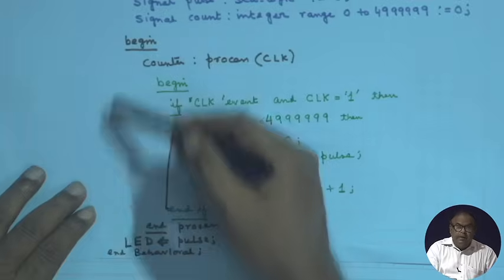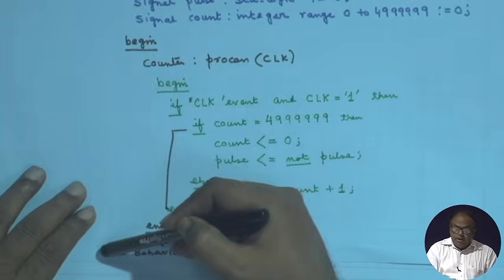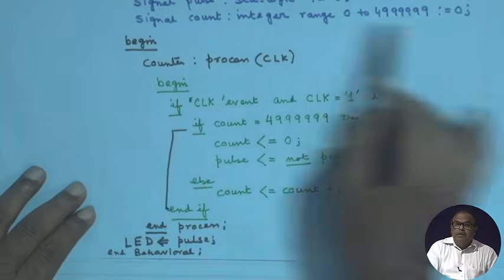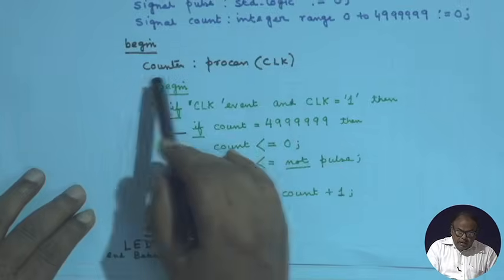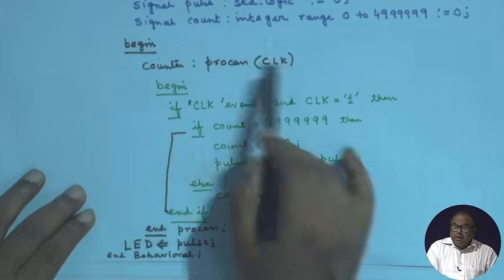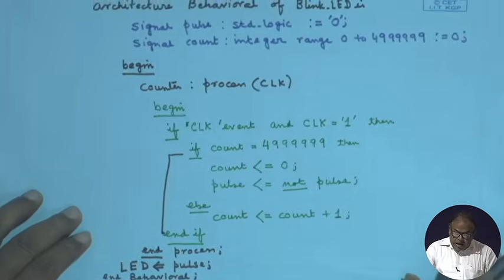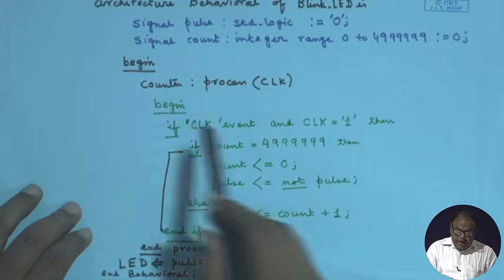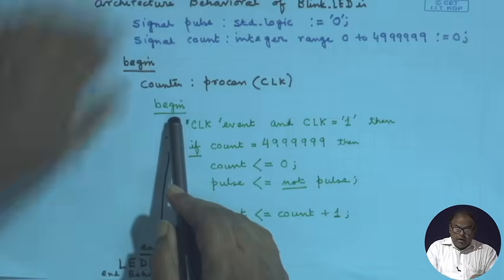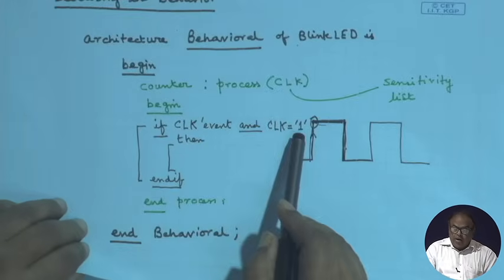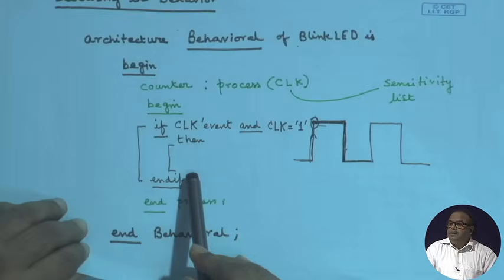All those other things were not there, this I will introduce gradually. Then there was the description of a counter process, and in begin what we did is on clock event and clock, I will be doing something. What I will do I did not say.